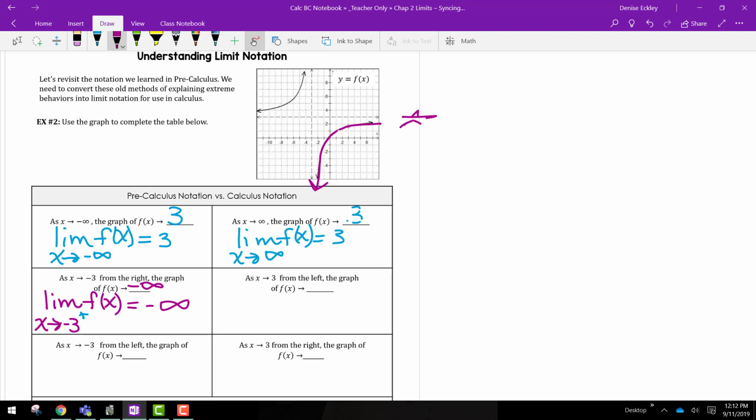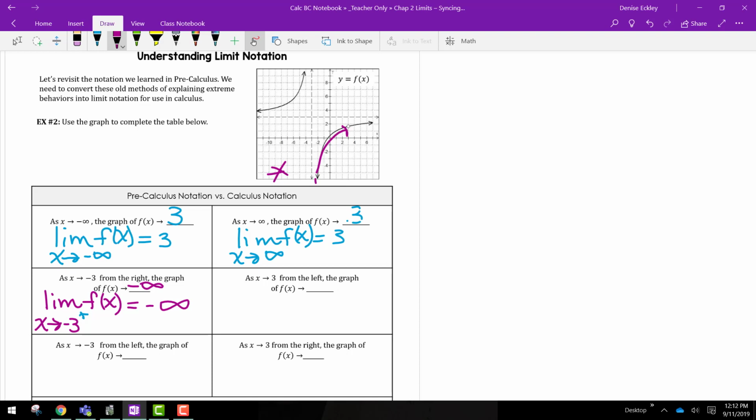Now, the next one, we're talking about approaching +3 from the left. So we start over here somewhere on the graph, we start tracing the curve, and then we get to the 3 and we see what happens. We're at some value there.